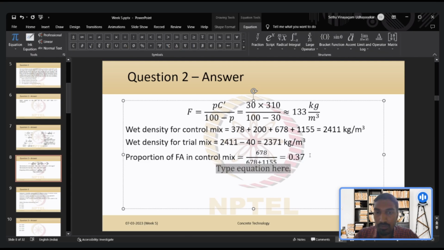So if we know the total aggregate content, we will be able to find the fine aggregate content.